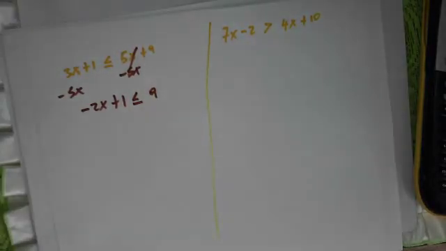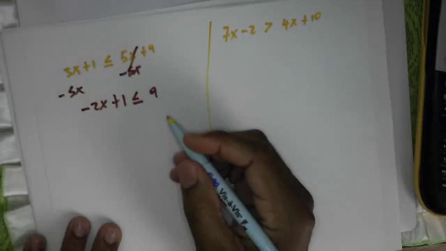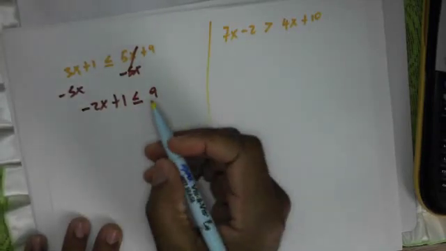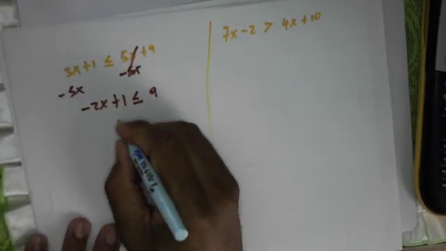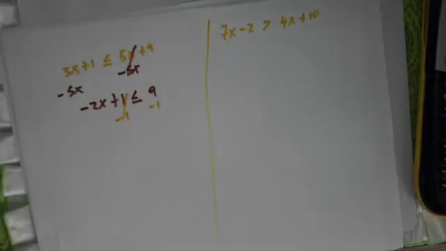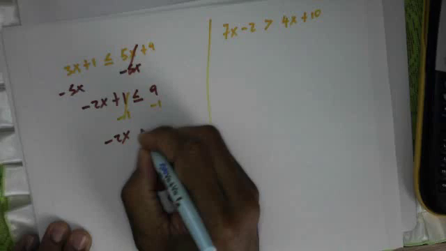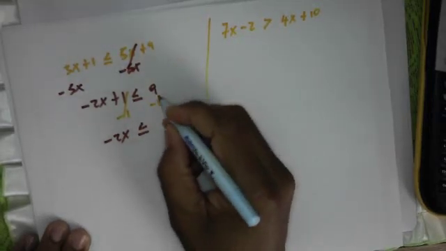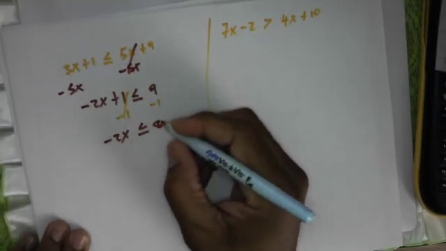As usual, anything that is added or subtracted to a variable, we want to do the reverse operation there. So 1 is added to our variable, we subtract 1 from both sides. So negative 2x is less than or equal to 9 minus 1, that is 8.